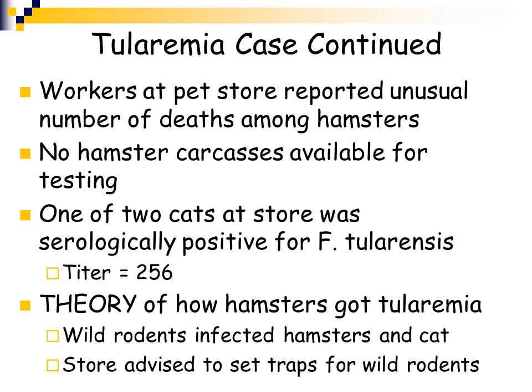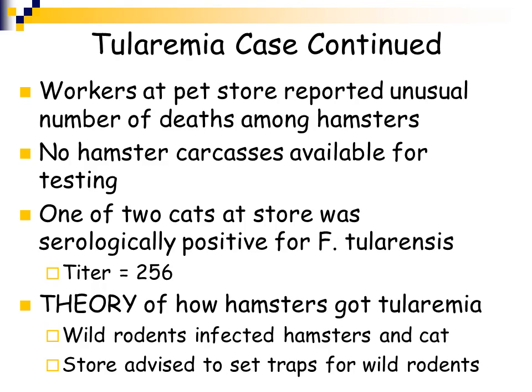Now, workers at that pet store reported an unusual number of deaths among hamsters. However, no hamster carcasses were available for testing, but one of 2 cats in the store tested positive serologically for Francisella tularensis. So there's a theory of how these hamsters got tularemia.